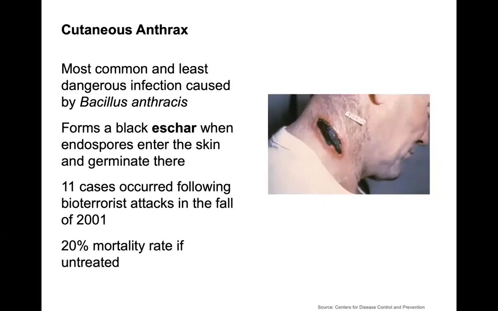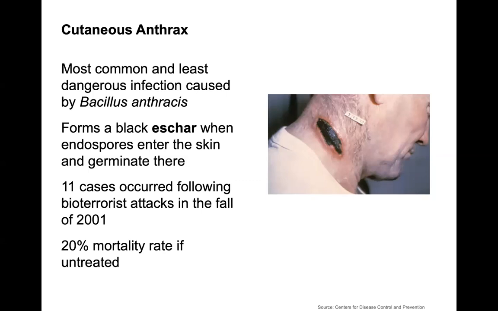Anthrax, or specifically cutaneous anthrax, which affects the skin. The most common and least dangerous infection caused by Bacillus anthracis. Now, again, Bacillus is a spore-forming bacteria, as you guys learned in chapter 4. Bacillus and Clostridium species are both spore-forming bacterial species.